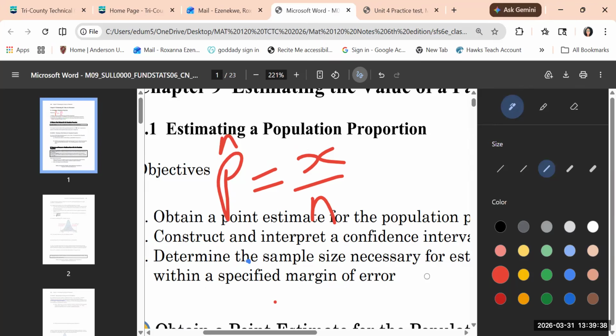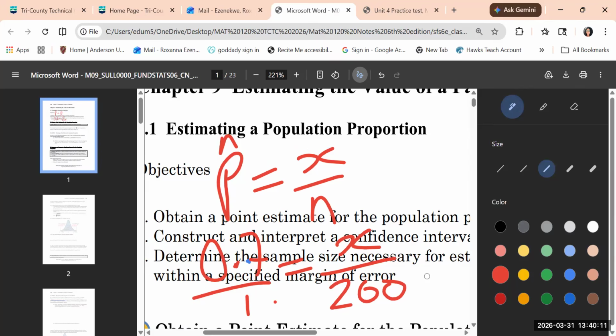P hat is a percentage. For example, P hat is 0.7, 70%. And I don't know X, but the sample size is 200. So can I calculate X? Sure. Cross multiply.